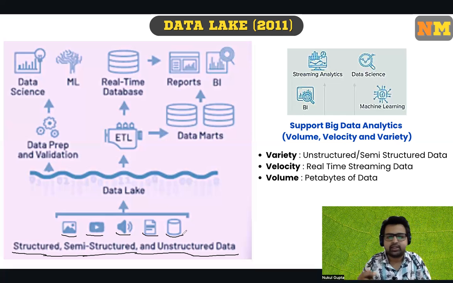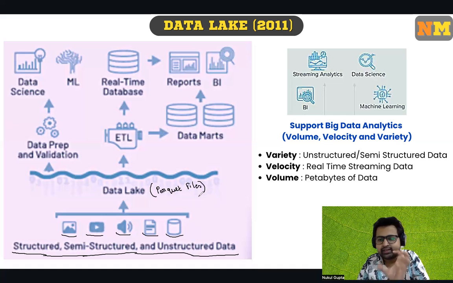And see now how it is done. The idea is that inside the data lake, it follows a particular format, and the most popular format is Parquet. You might have heard about it. So there are Parquet files. Whatever data we are ingesting inside the data lake gets stored in the form of Parquet files.